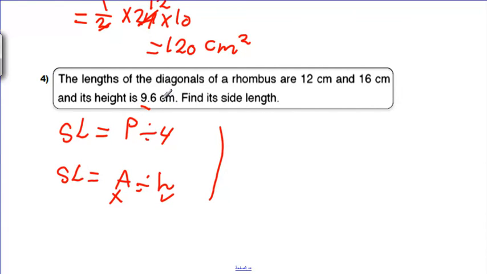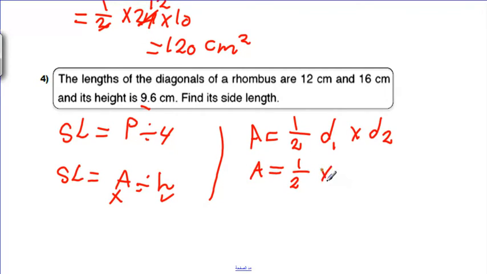How can I get the area? He gave me the two diagonals, so it's easy to get the area. Area equals half d1 times d2, equals half times 12 times 16.